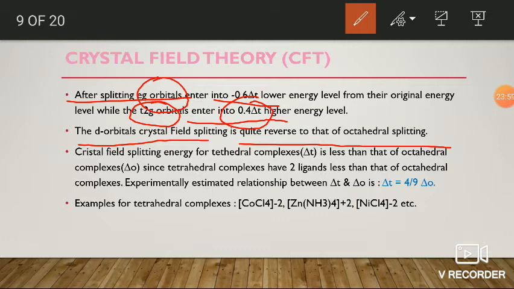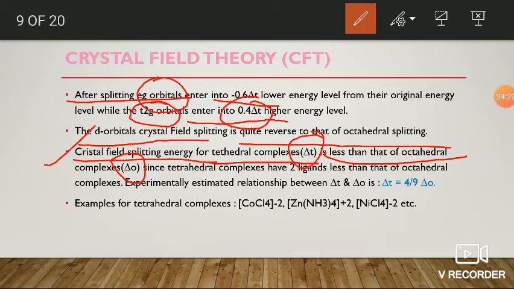The crystal field splitting energy for a tetrahedral complex, Δt, is generally less than that of the octahedral complex, Δo. That is, Δt is always less than Δo, because in tetrahedral complexes the coordination number is 4, while in octahedral complexes it is 6.